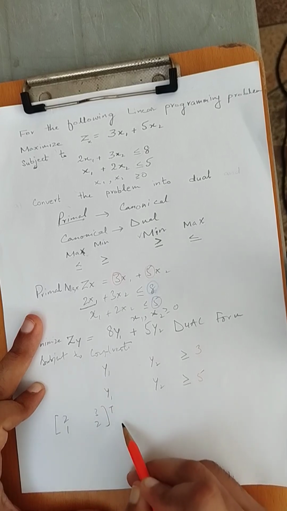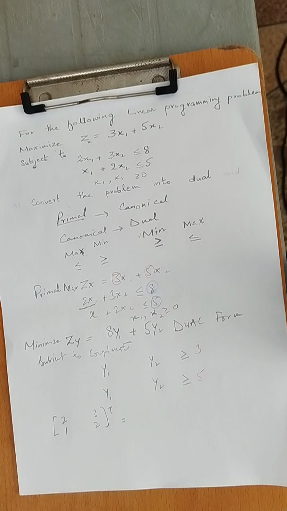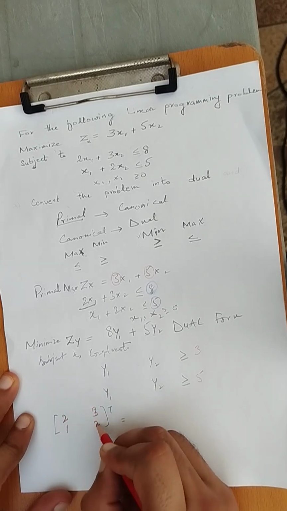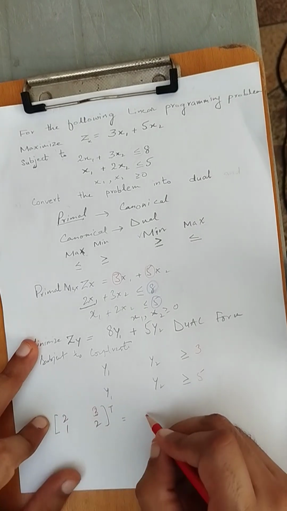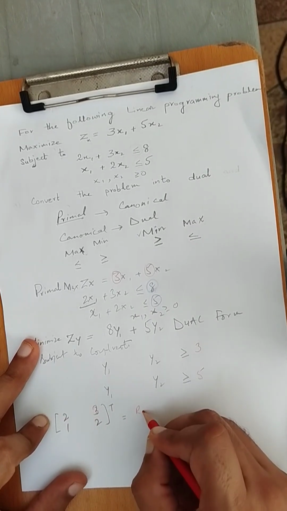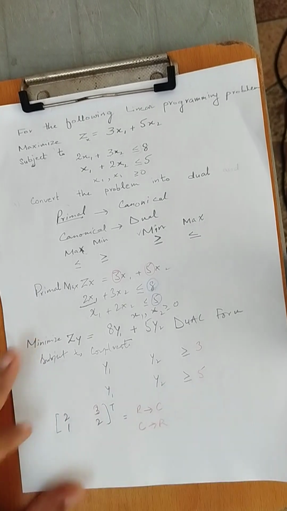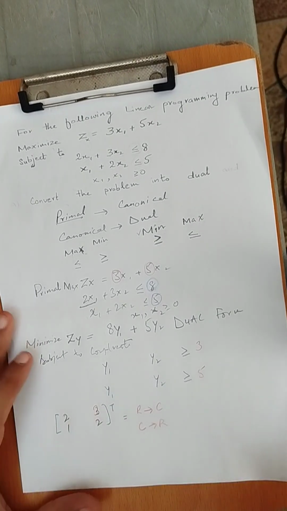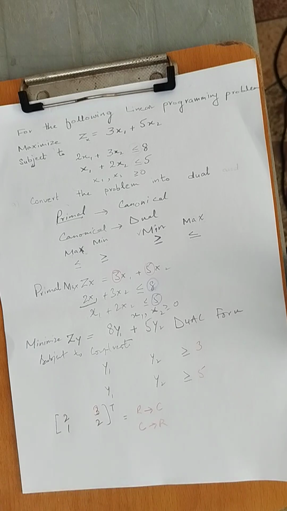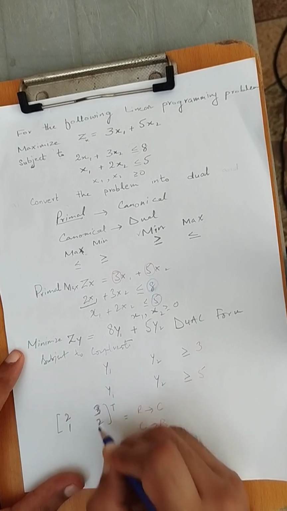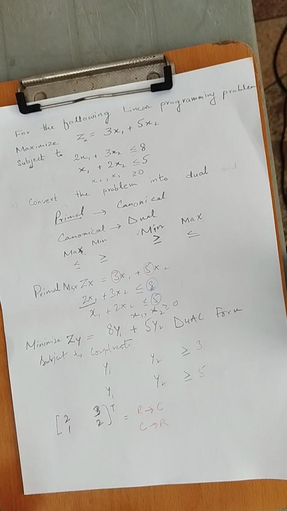First we need to develop the matrix form of the coefficients. After that we need to transpose it. Transpose means converting row into column or column into row. I will do both for you just to make you understand my point, that the answer will be the same.